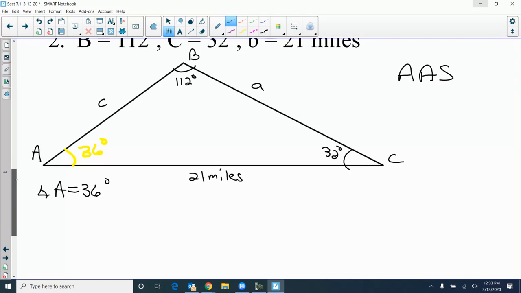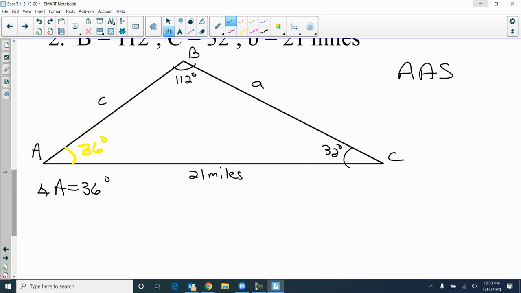All right, now I need to find side A. You got to use the 36 degrees because you're missing the other two angles. So sine of 36 over side A, and then I got to use the B, the 112, and the 21. Sine of 112 over 21, and then I'm just going to write them both down now.